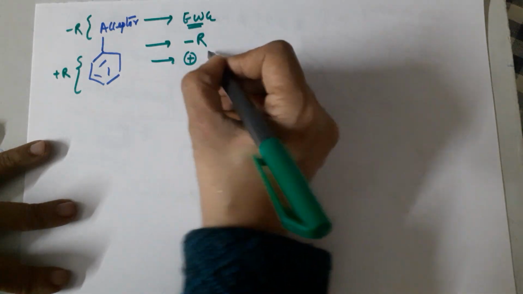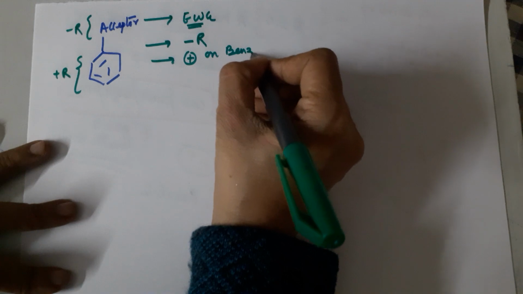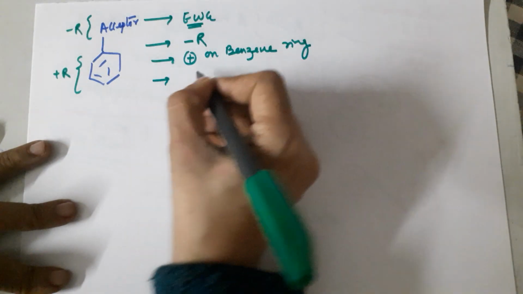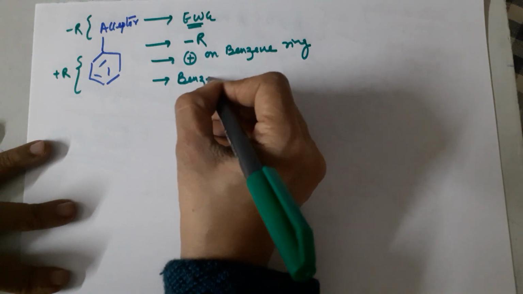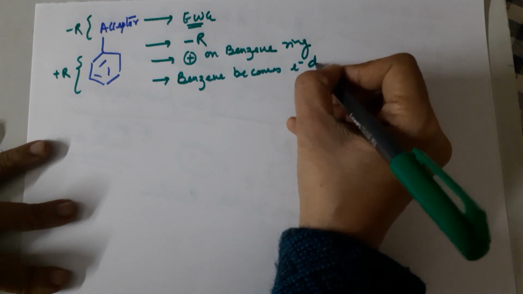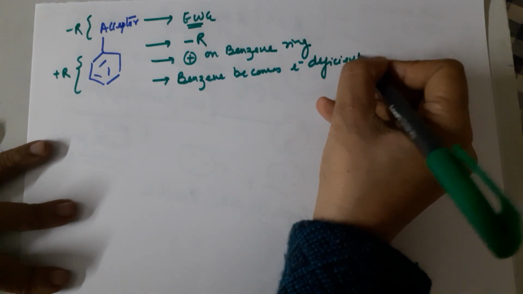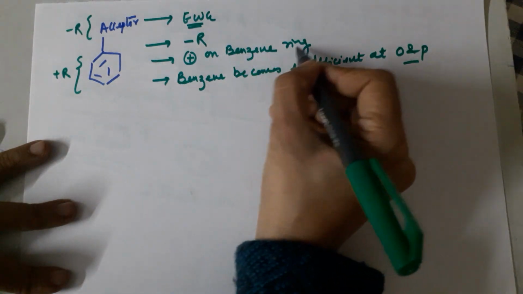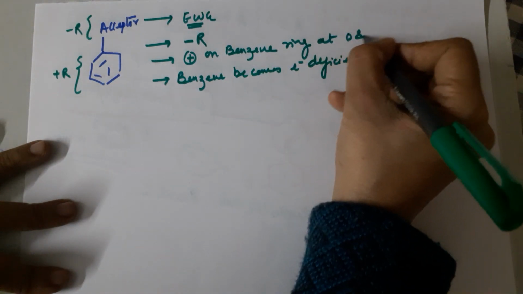You get a positive charge on the benzene ring, and the benzene becomes electron deficient at ortho and para, because of the positive charge on the benzene ring at ortho and para.